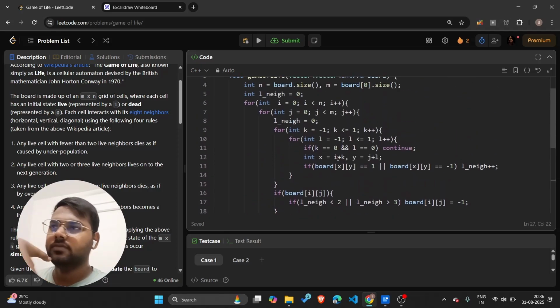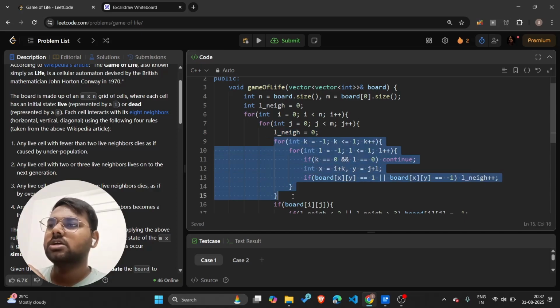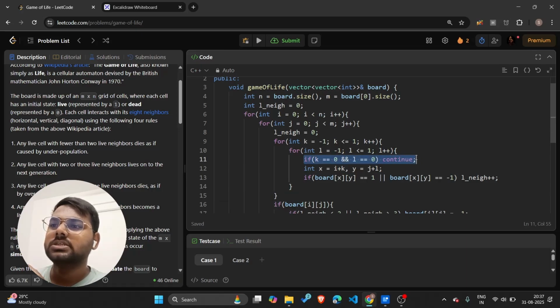So I think it's almost done. What we have done here: we traverse the grid for each cell and set living neighbors to 0. Then we traverse all 8 neighbors, skipping that particular cell so it is not counted as its own neighbor. If a neighbor is alive, or it was alive but is now dead, we count it.